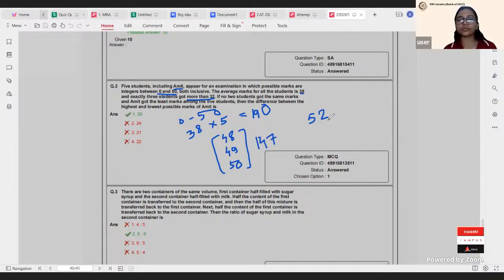In order to have Amit score the minimum marks, we have to assign maximum marks to the other candidate, so we'll assign 32, the maximum possible for the other candidate apart from Amit, and Amit will get 20 in that case. And here, basically, in order for Amit to have, just 1 second.